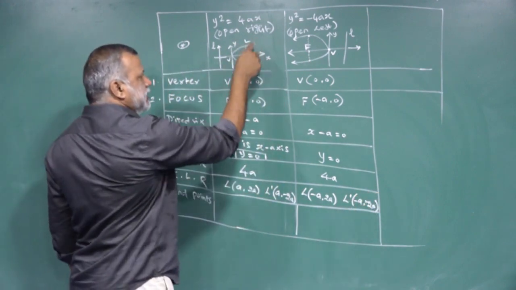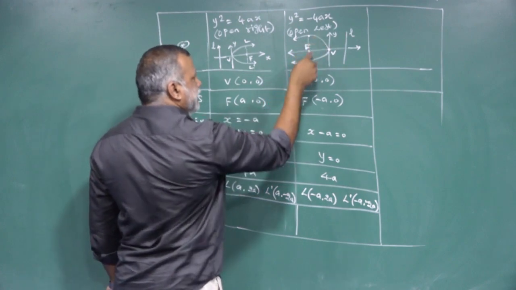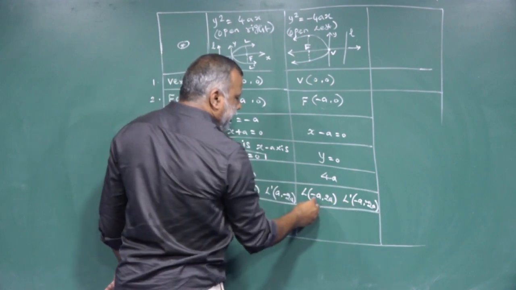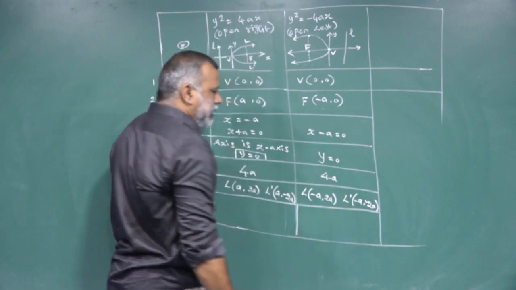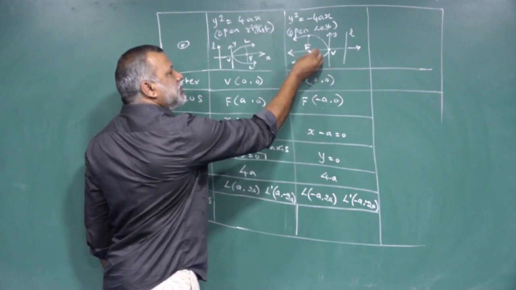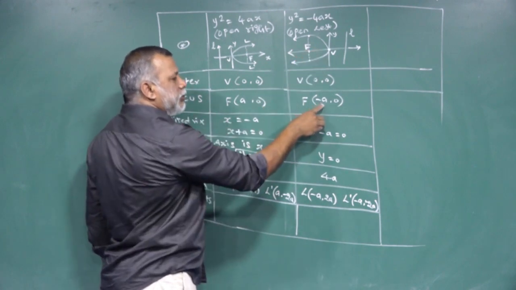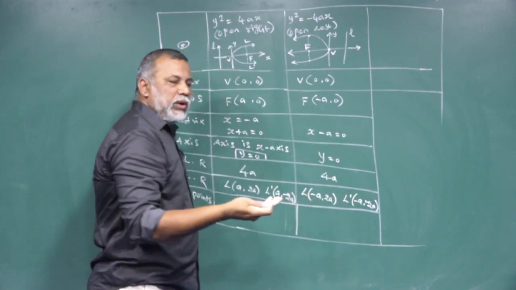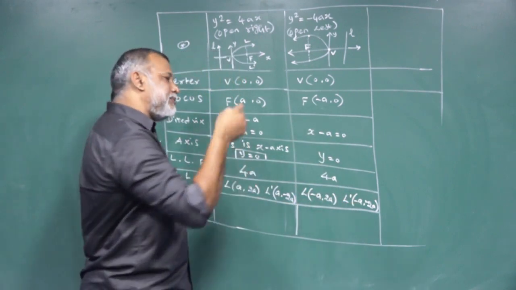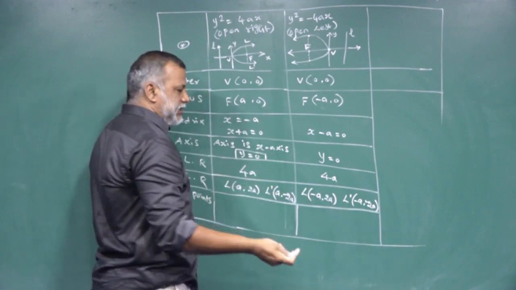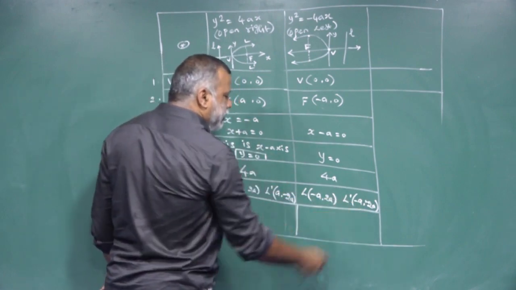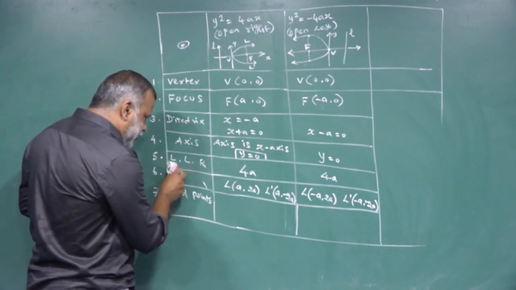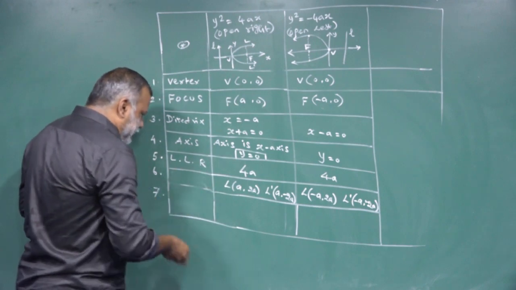Here L is in the first and 4th quadrants. Here L dash, sorry, second and 3rd, minus a, 2a and minus a, minus 2a, because the focus is minus a, 0, already we fixed the focus. Here also minus a, because what is the definition? It is a focal chord. It must pass through the focus, perpendicular to the x-axis. So minus a, 2a and minus a, minus 2a. These are the endpoints.